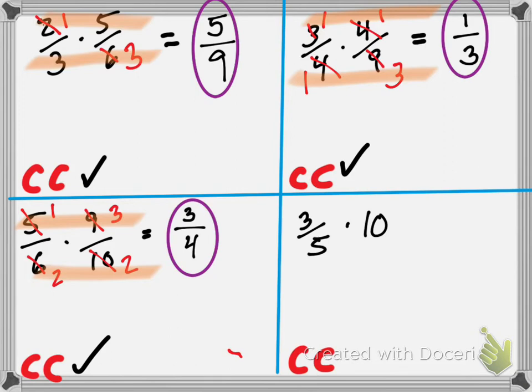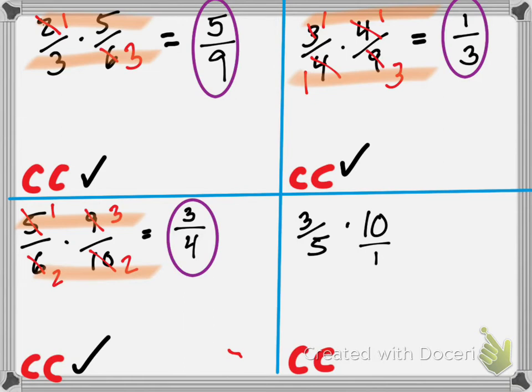Damar, what is 10 as a fraction to help out Marquis? 10 over 1. Anything is a fraction, putting it over 1. Now, Marquis, can I cross cancel anything here? No. So, let's see. Clara, can I cross cancel anything here?